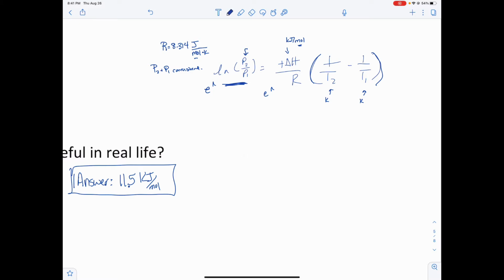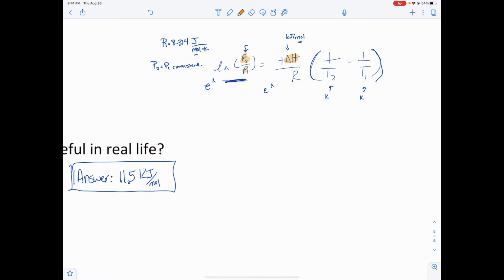All right, so most of the time you're going to be solving for delta H or P2. You could solve for P1, but most of the time it's P2 you're solving for, or temperature 2. The examples I've got here are going to be a P2 example and an H example. There's a T example if you want to see it in the textbook.